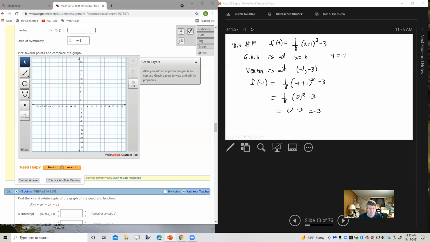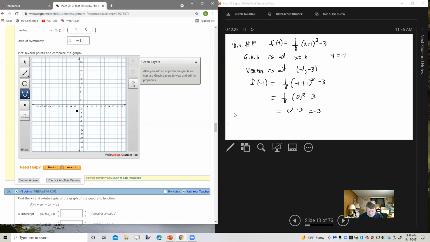So the vertex is at, come on, where's the mouse? There it is. Negative 1, comma, negative 3.